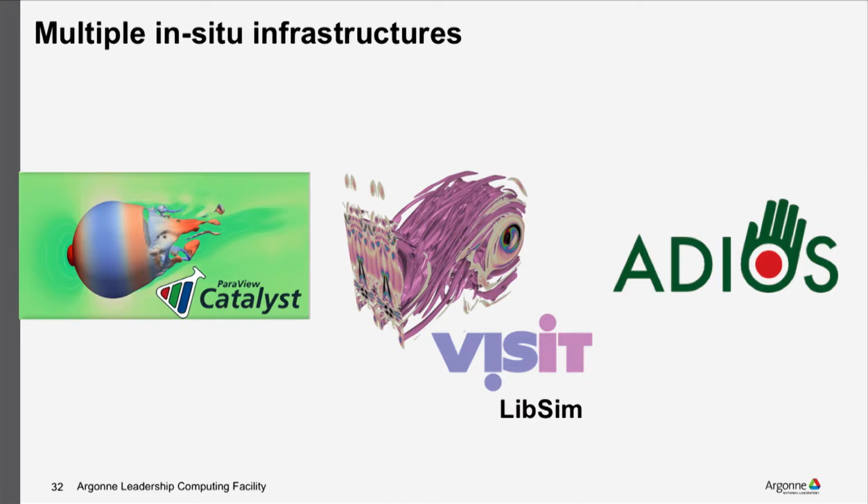Same thing for LibSim and VisIt. Again, it works as a library, and it can solve these in situ issues. And finally, ADIOS. This is mostly an interface for moving data. Everything is files for ADIOS, so you can either write files if you would like, or move data to different resources.